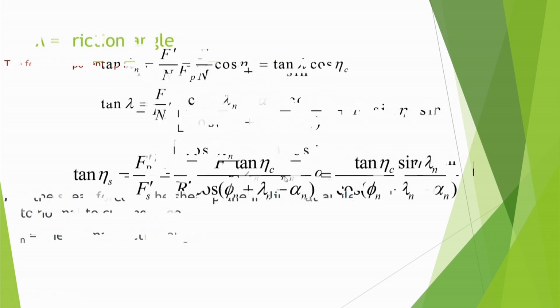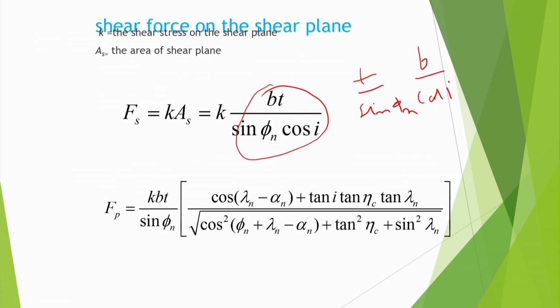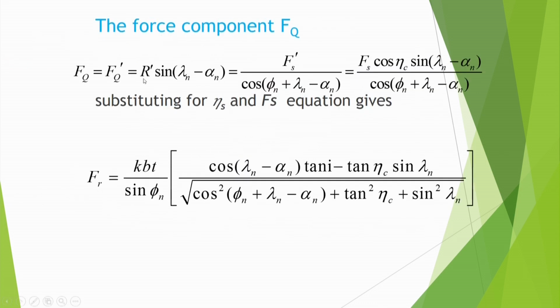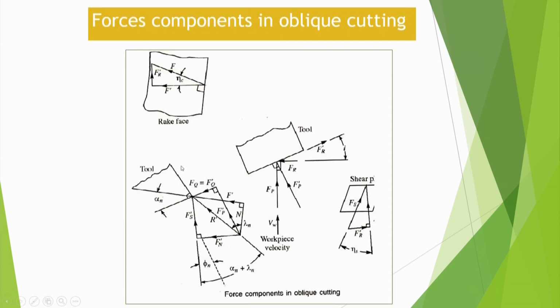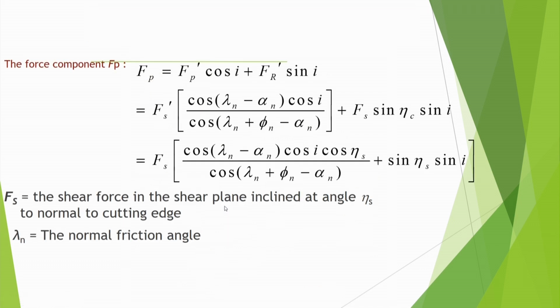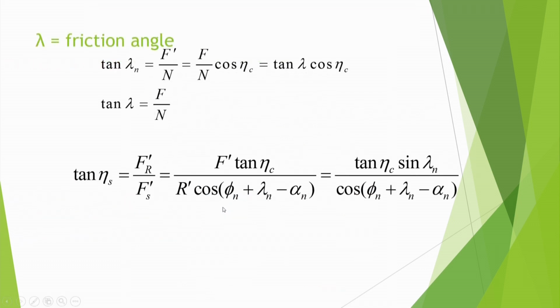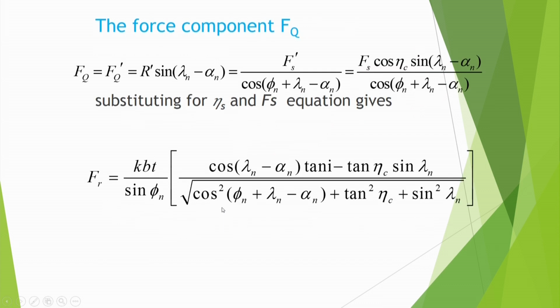In that you substitute and you will get this type of relation, and Fq will naturally be equal to F dash Q. In the figure you can see Fq is equal to F dash Q, that means this remains the same, the perpendicular, vertical component, along the reference plane.